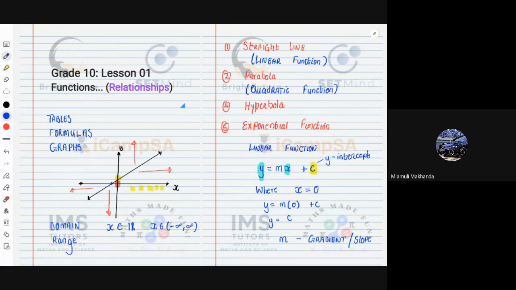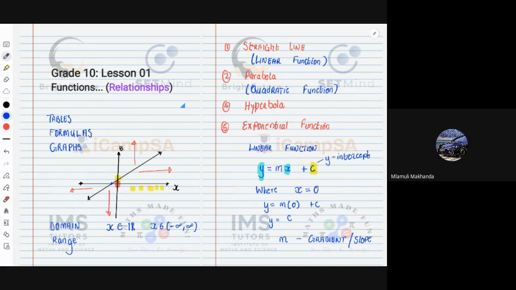And then let's come to the range. For the straight line function, you can see that the graph keeps on going down and down again and again. The value of Y keeps on getting smaller and smaller. That means we're going into negative infinity. And then above the x-axis, the graph is continuous. It keeps on increasing again and again, which means we are going in the positive y values up until positive infinity.